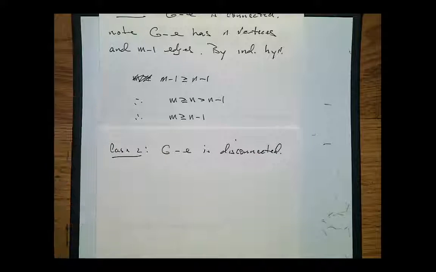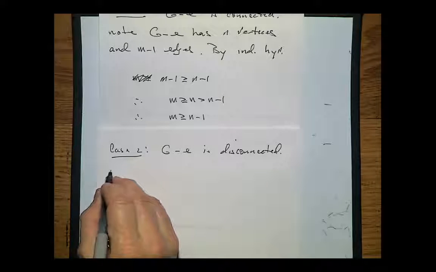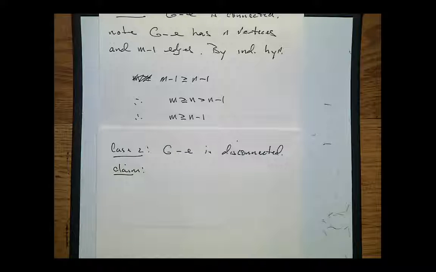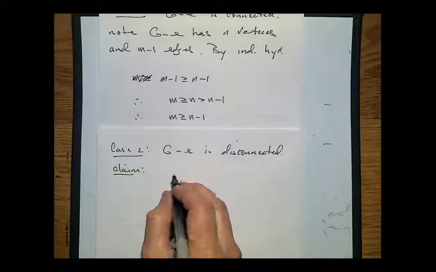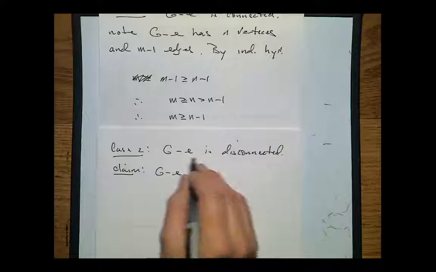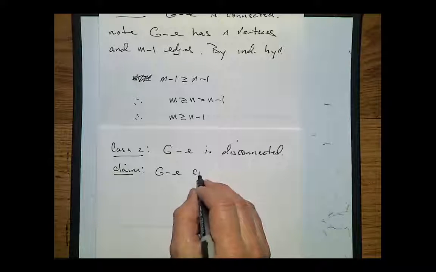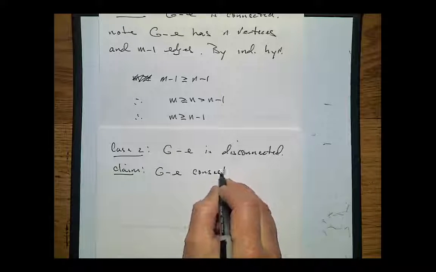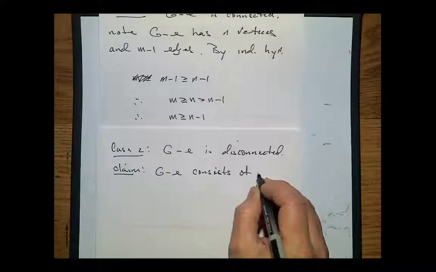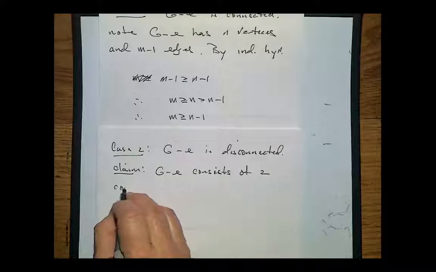Now, as a separate claim, which I will not prove here and is proved in the handout, and I would not ask you to prove this claim on an exam, G minus E in this case consists of two connected components.